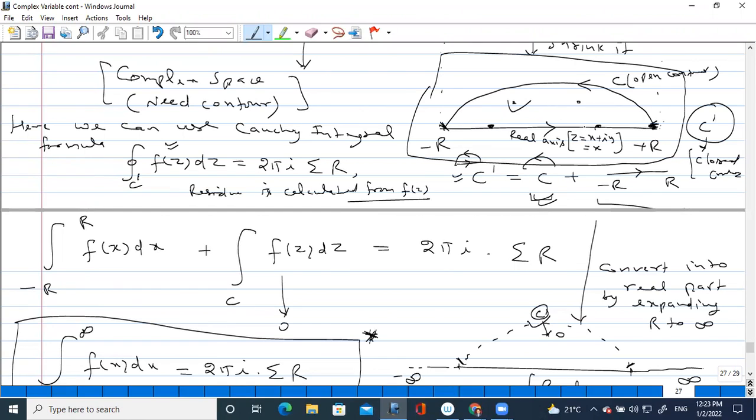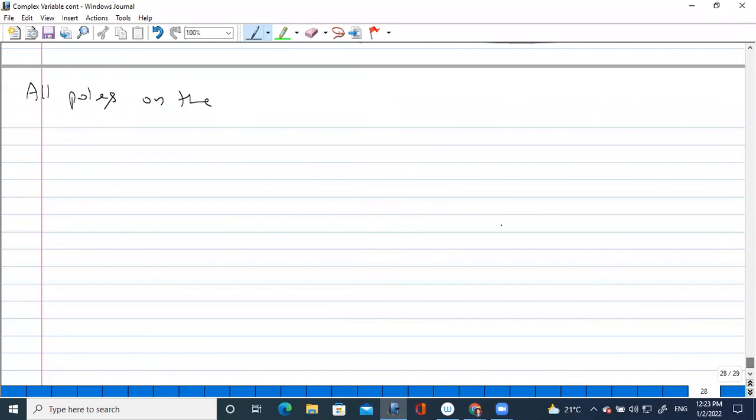This also you must remember. And the poles which are either on the axis or inside the contour, only those will be considered. The rest which are outside will not be considered. This much also you know. Okay, and you already know it.